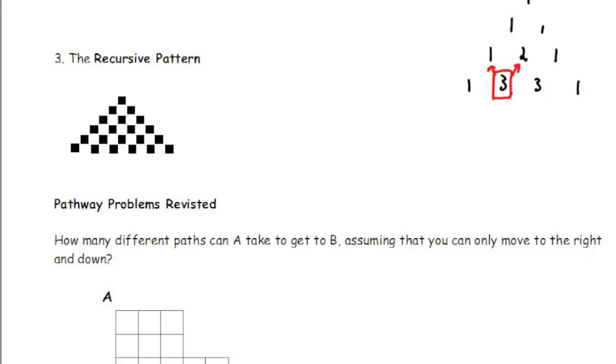If we have this term, this is actually equal to that term plus that term. Let's see if this continues. I'll do it in a different color. This term here is equal to that term plus that term. Whoa, there's something going on here.